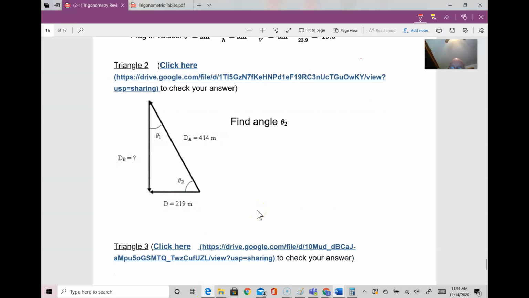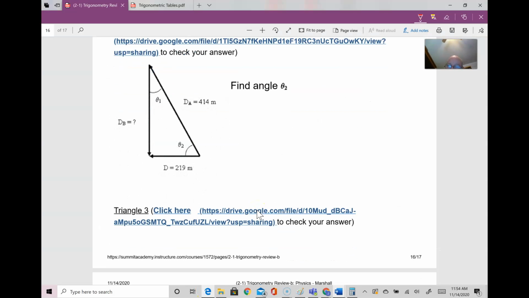Okay, so it says find the angle related to theta 2. So I need to find that angle. I look at my triangle, and the first thing I do is label it, right? I'm going to say this is the hypotenuse related to this angle. This is the adjacent side, and this is the opposite side. And then I'm going to ask the question in my brain. I'm not going to write this question down, right? I'm just going to ask in my brain, what two sides have I been given?